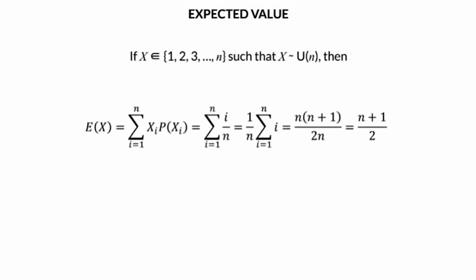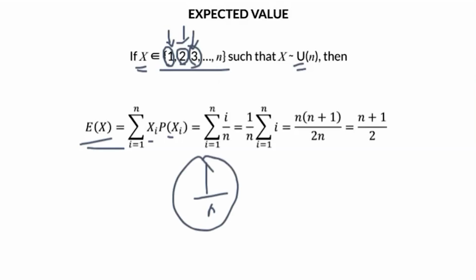So if, let's say, a random variable X is distributed uniformly and it belongs to the possible outcomes 1, 2, 3, dot dot dot till n, so these are the values. Then you can quickly calculate the expected value. It's very simple. It's x into p of x. So 1 into probability of 1, 2 into probability of 2, 3 into probability of 3. But we know that each of the probabilities is 1 by n, right?